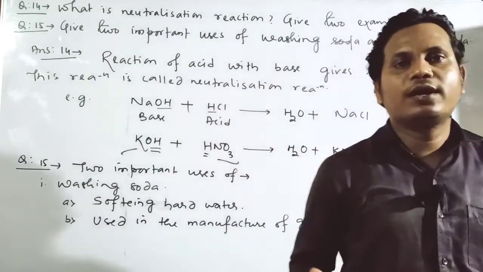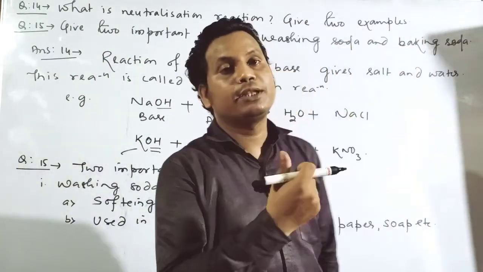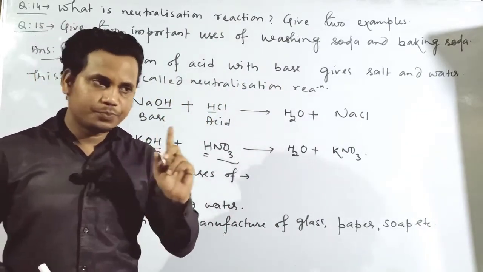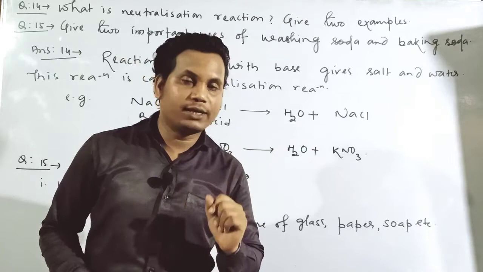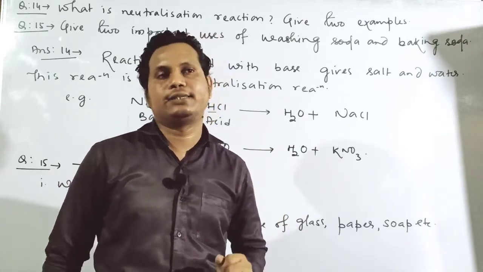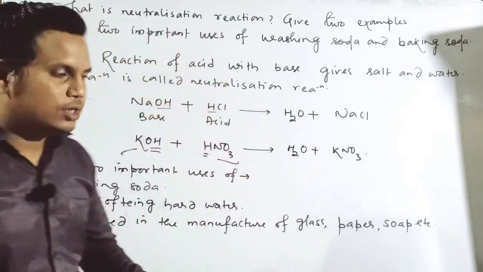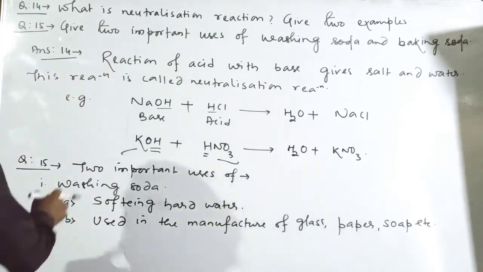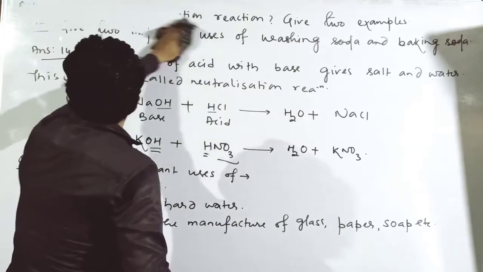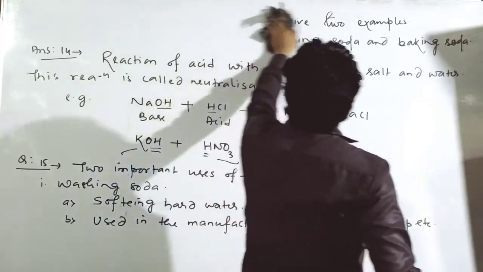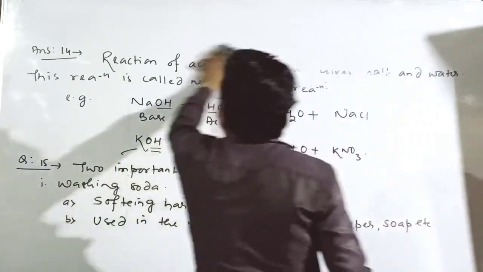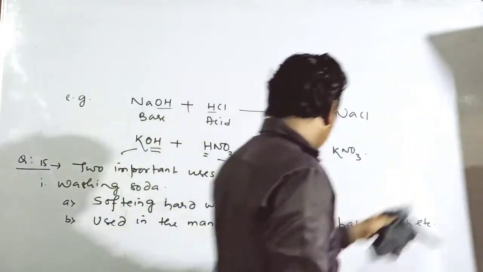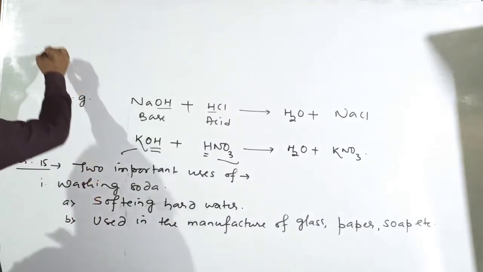So baking soda is used in the preparation of baking powder. What is baking powder? A mixture of baking soda and tartaric acid. And fire extinguisher is also there, antacid is also there for baking soda. So write two uses of baking soda. Two uses of baking soda.